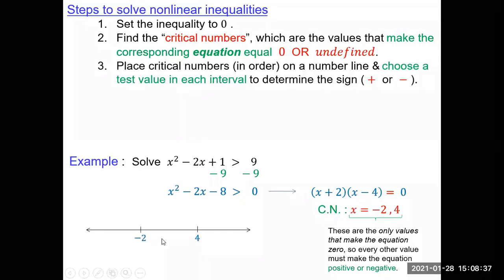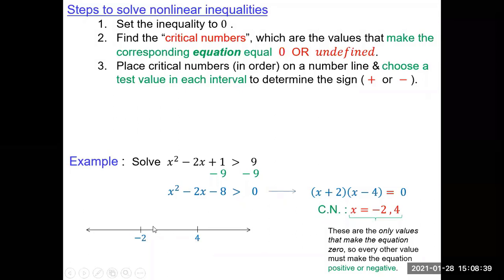So if we put negative 2 and 4, you might notice that we have 3 different intervals: an interval that occurs before negative 2, an interval that occurs between negative 2 and 4, and an interval that occurs after 4.